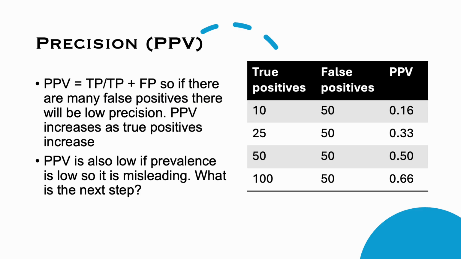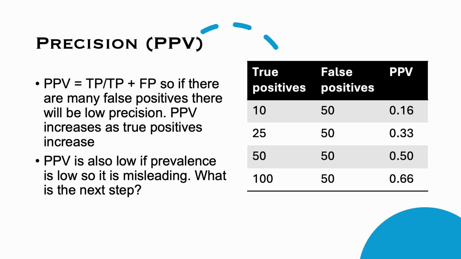Look at the table on the right. If you start with very few true positives, but a lot more false positives, positive predictive value is very low at 0.16. Now let's add a lot more true positives, 100, with 50 false positives, the same number, and the positive predictive value is much higher. So there is the formula for the positive predictive value.